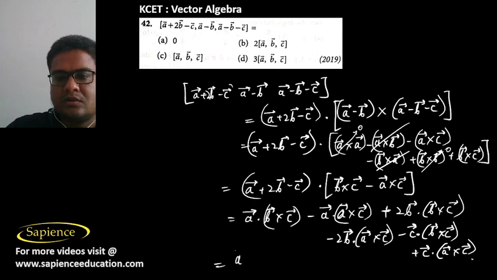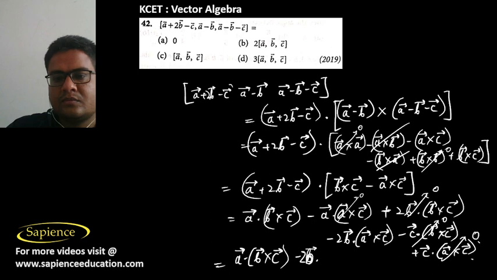This will be a dot b cross c. This is 0. This is also 0. Minus 2b dot a cross c, this plus 2b dot c cross a.